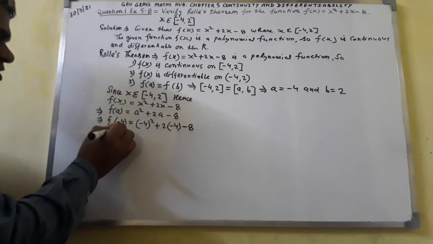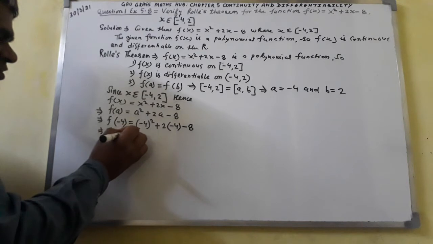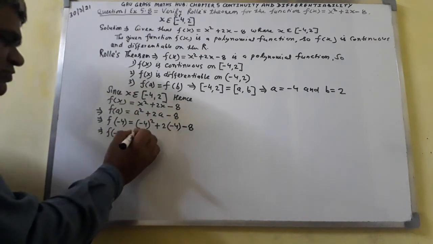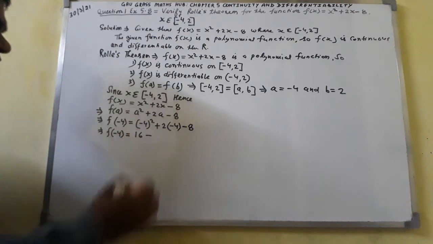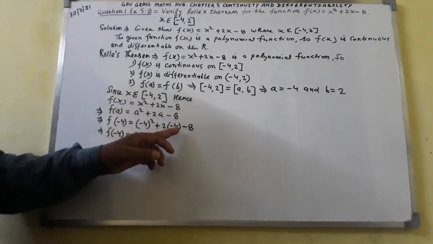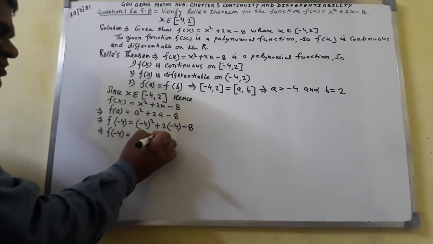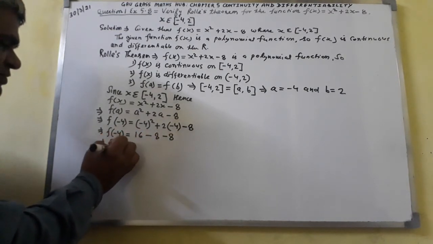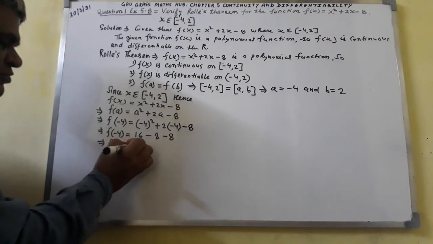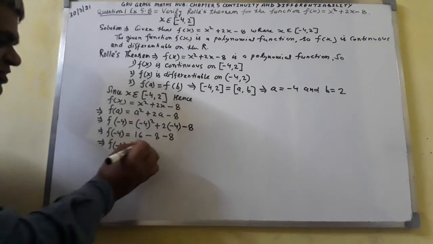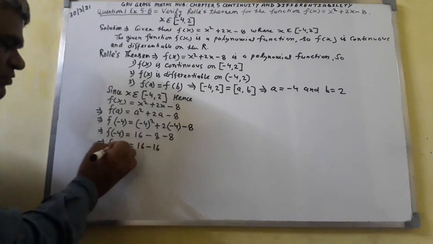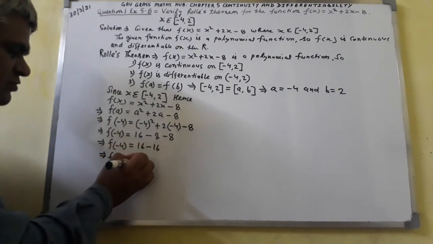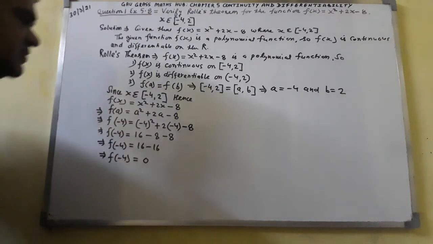That is 16 minus 8 minus 8, implied that f of -4 comes out to be 0. We have got.